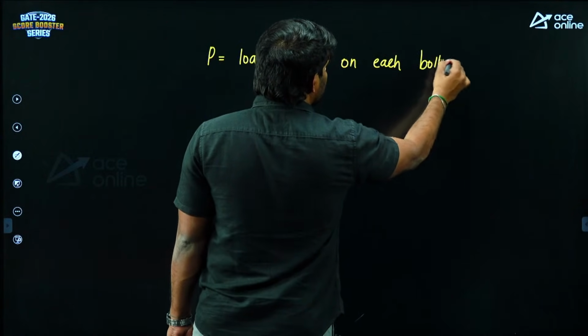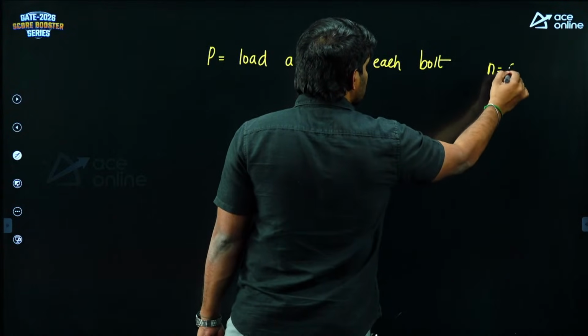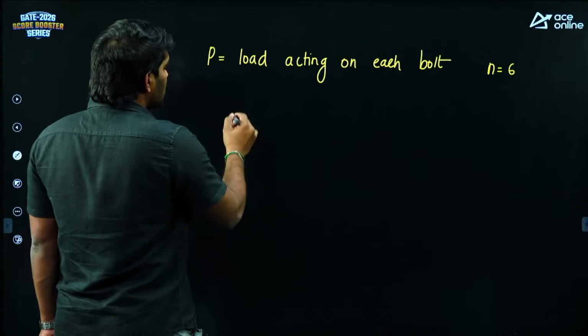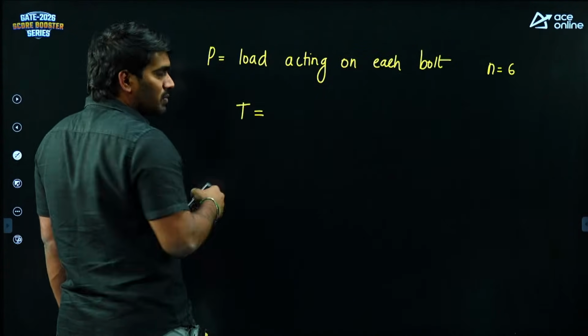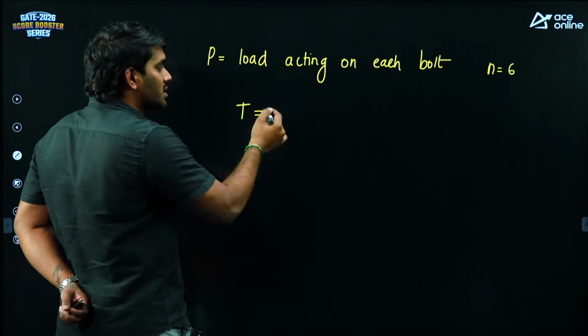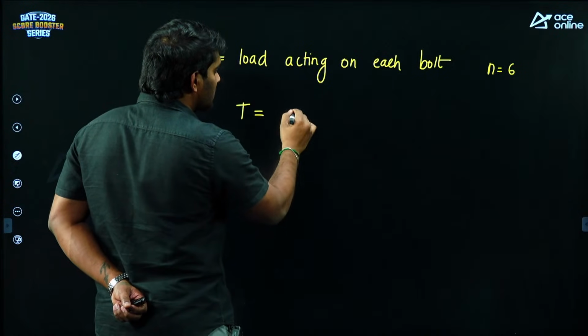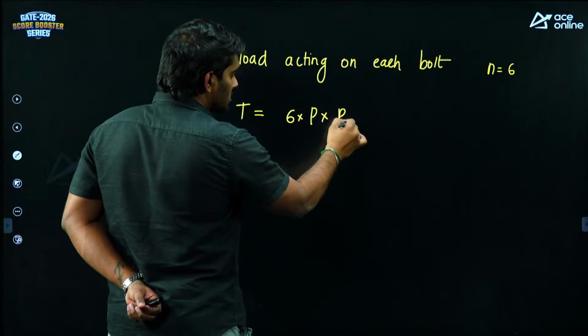How many bolts are present? There are 6 bolts, so the value of N is equal to 6. Now the torque which is applied is equal to, by considering action and the effect, 6 times P into radius.